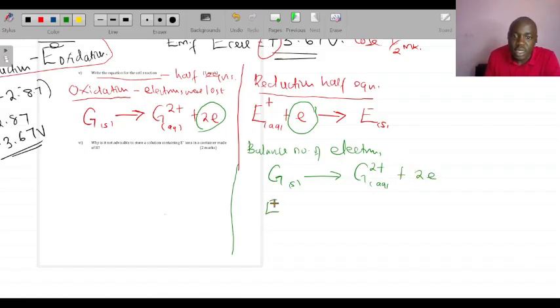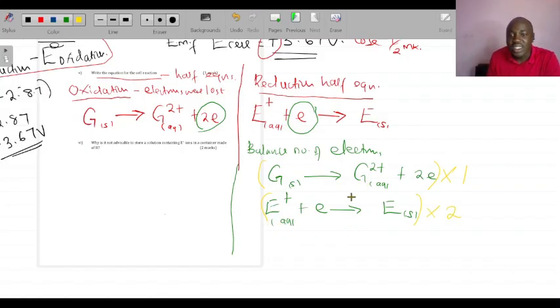Then we had E+ gaining a single electron to give us E solid. So we can see the number of electrons are not balanced. So we take the whole of this oxidation reaction and multiply by 1, and we take the whole of this reduction half equation and multiply by 2.